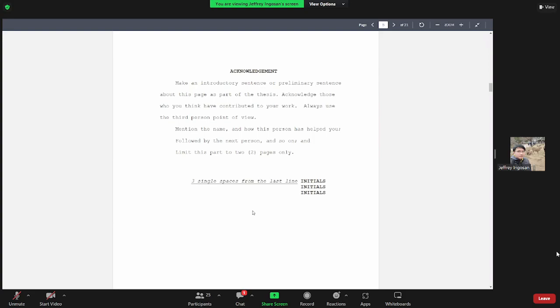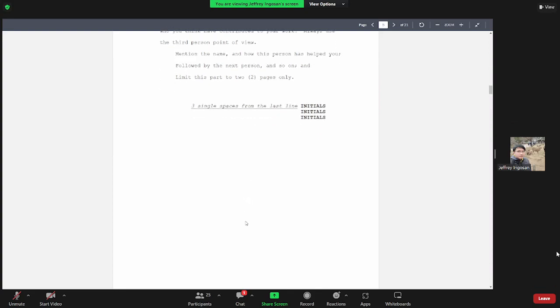So you always say the researcher would like to recognize. The researcher would want to say his or her gratitude to. So that's the acknowledgement. There's no limit on the number of pages for the acknowledgement, but normally acknowledgement would be 1 to 2 pages.